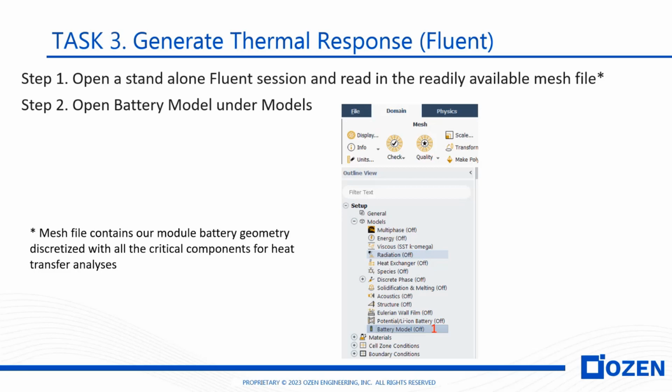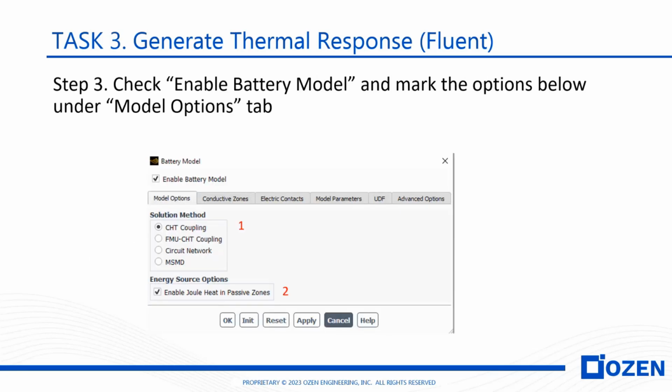Then what we're going to do is go on to the left side view. Typically, the workflow is top down. We're going to turn the battery model on, because by default it is off. Then a new window is going to come up requiring answers about the options.